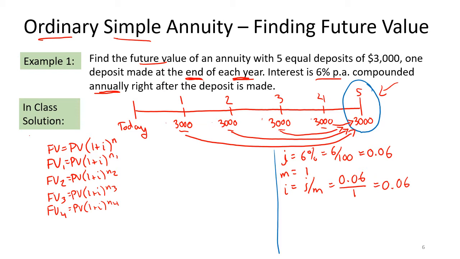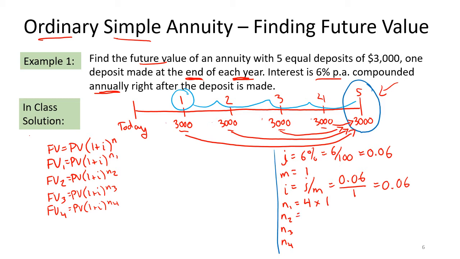Okay? Our last item is we need to figure out the number of compounding periods for each of these 4 instances. Okay? So we have N1, N2, N3, and N4. For N1, remember the formula for N is the number of years times the number of compounding periods per year. So for N1, this first payment here, we have to go 1, 2, 3, 4 years. All right? So that means it's 4 times the number of compounding periods per year, which is 1.